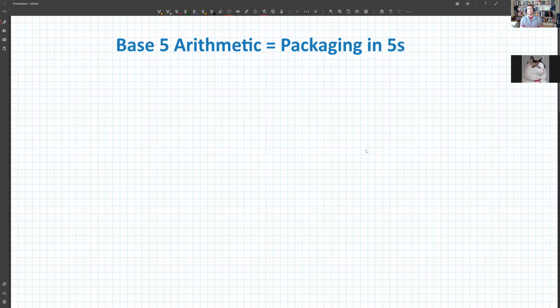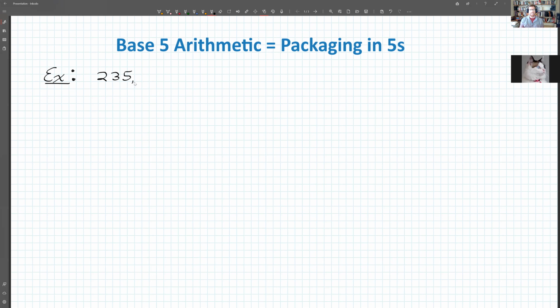All right, so let's do some base 5 arithmetic. And again, we're just thinking of this in terms of packaging in fives. So let me write some numbers first. Let's do a base 10 number, just so we have a comparison. I'll make one up, 235.